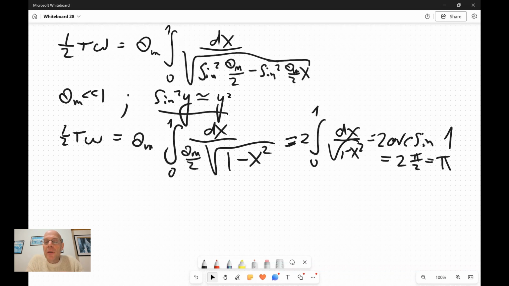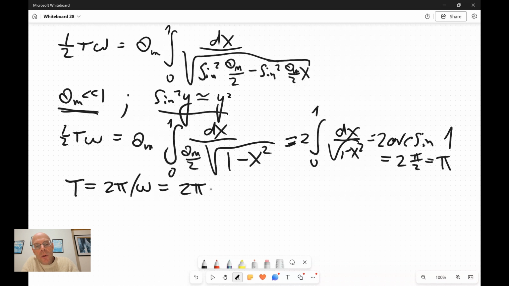So the period T, for small angles, is 2 pi over omega. Okay, so good. We recovered the old result by Galileo Galilei that for small angles, the period is 2 pi over omega. And so this is 2 pi square root of L over g.